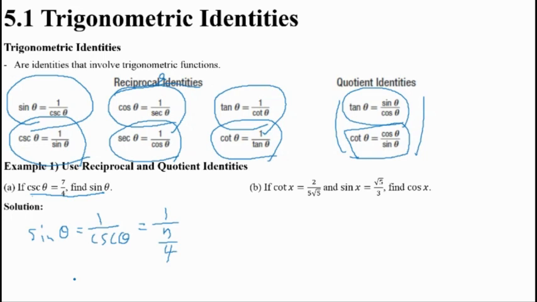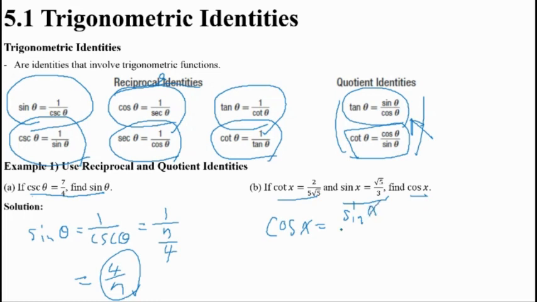Okay, pretty simple, right? But second question, the given value of cotangent, find the cosine, given the sine too. We apply it here, which means cosine x will be sine x over tangent x.